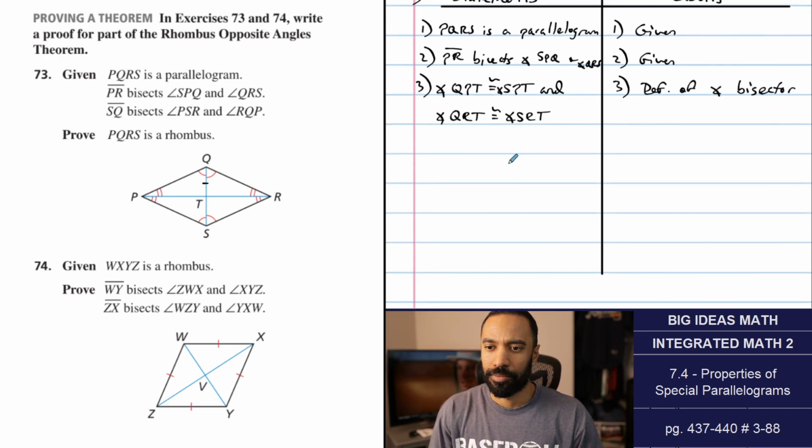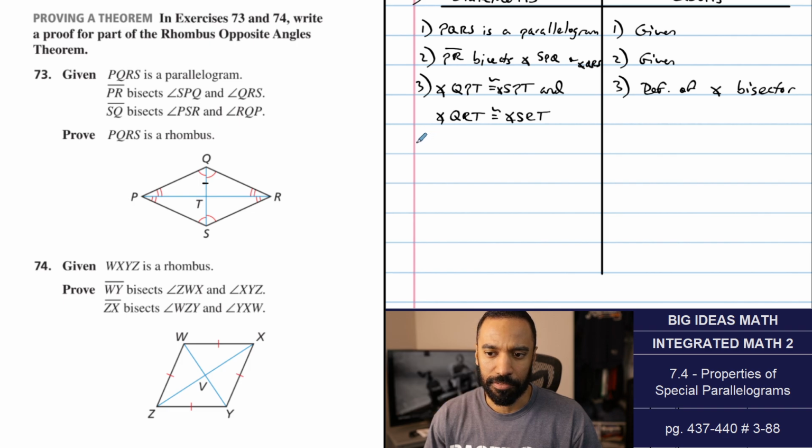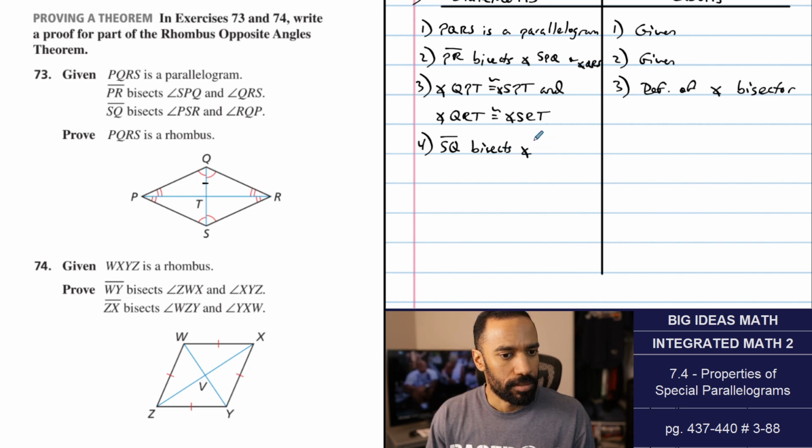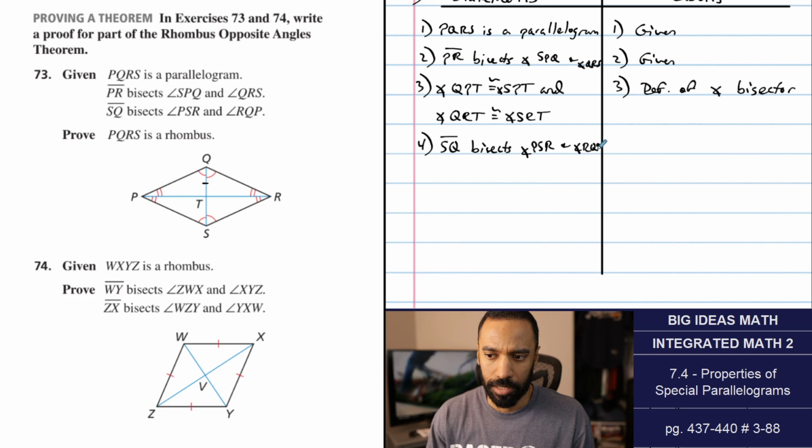So now, probably faster to copy and paste some of this stuff and rewrite them, but sometimes it gets a little weird. So on 4, same thing. SQ now bisects the other angles. Angle PSR and angle RQP. That was the given.